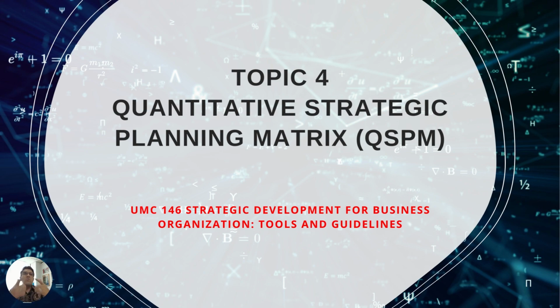But before we go into this topic, let us recap some of the things that we have learned from the previous topics. In the previous topic, we have discussed the IE matrix, and the development of this IE matrix came from the IFE and EFE analysis that we have completed in topic number 2.